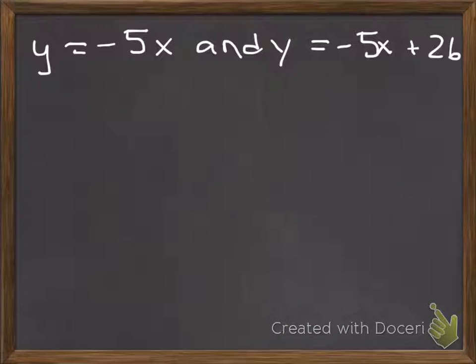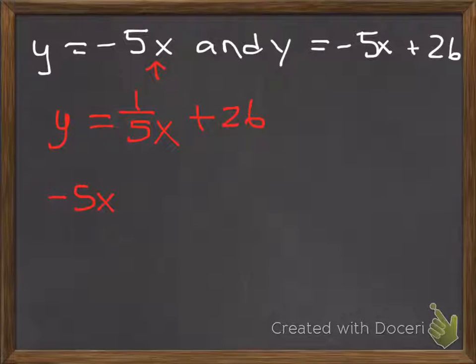We're going to do the same thing again here. So we have the opposite reciprocal as our slope, which would be positive 1/5 x. And I'm going to use the y-intercept of either one. Since for this one the y-intercept is 0, I'm going to use the other y-intercept. And I put the equation whose y-intercept I did not use equal to this one to solve.